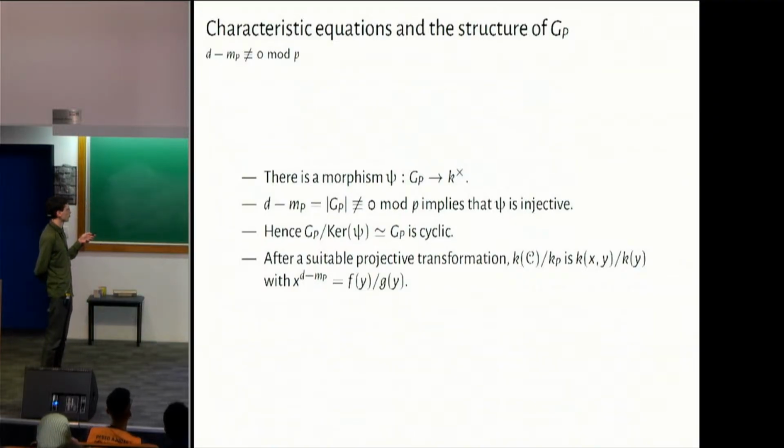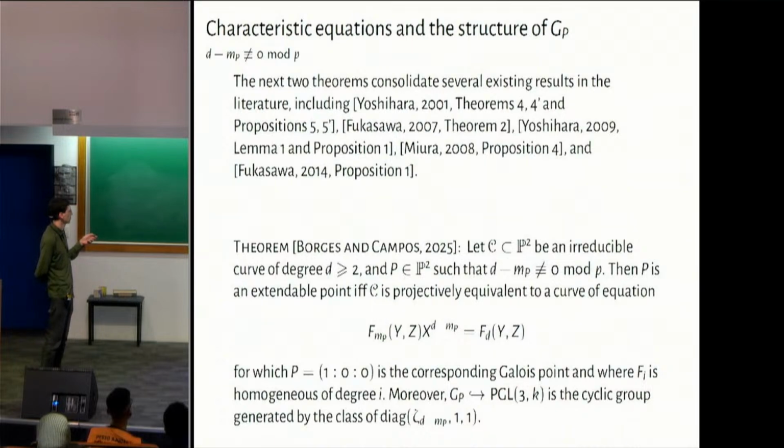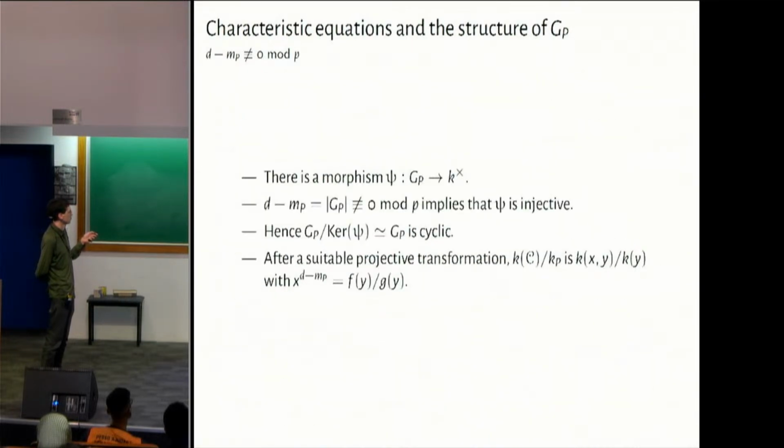There's a morphism from the Galois group G_P to this group, the multiplicative group of the field K. And the order of the Galois group is exactly d minus m_P, which is not 0 modulo p, which forces this map to be injective. Therefore, this group is cyclic, and after a suitable projective transformation, the field extension is this one, which has this equation.